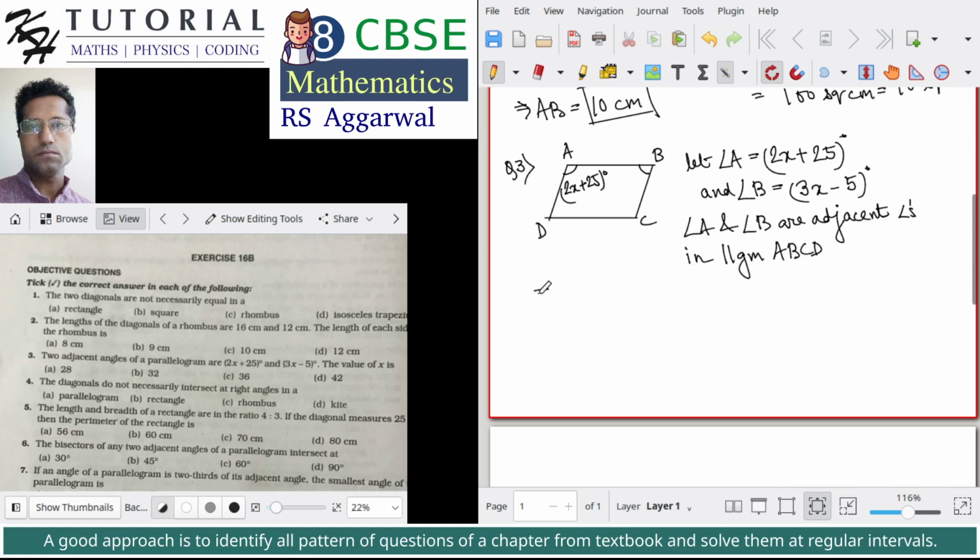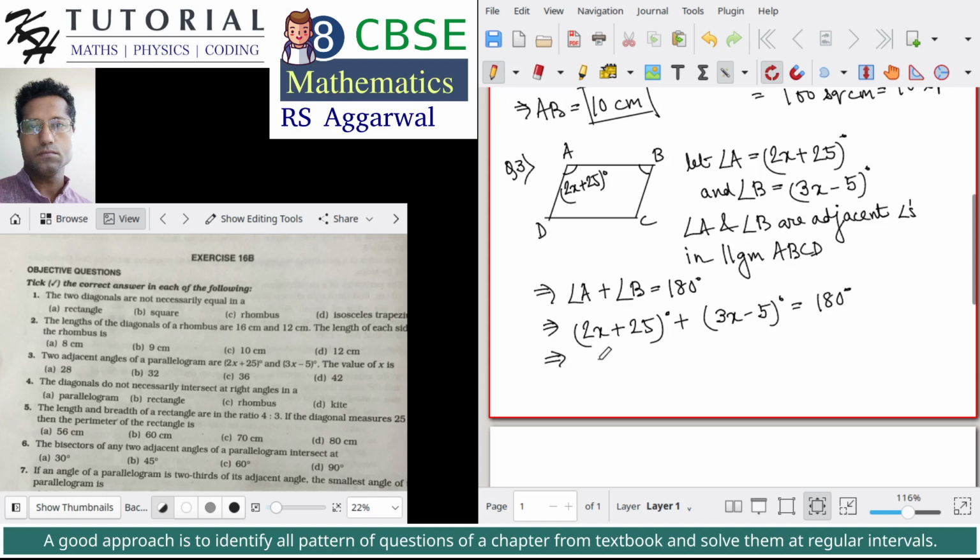So this implies angle A plus angle B should be equal to 180 degrees. So 2x plus 25 degrees plus 3x minus 5 degrees is equal to 180 degrees.